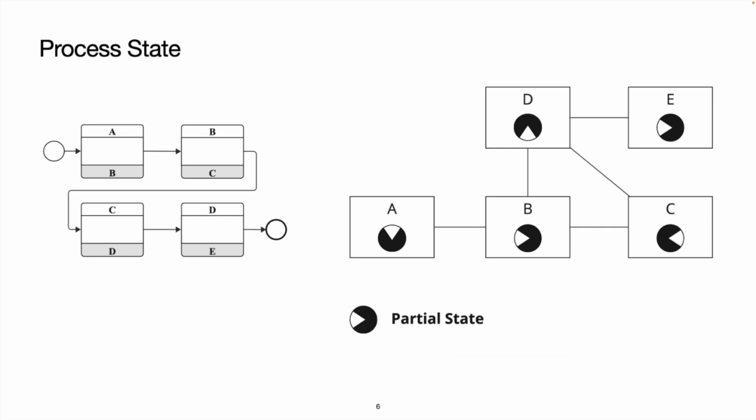Or we can distribute it among all the participants, so we have partial states between participants. In this case, we have a lot of blind spots in the process. We don't know exactly what happened. Not every participant is fully aware of what's happening in the process, so they have to ask each other and sometimes trust each other.